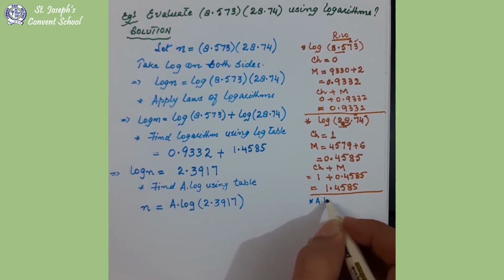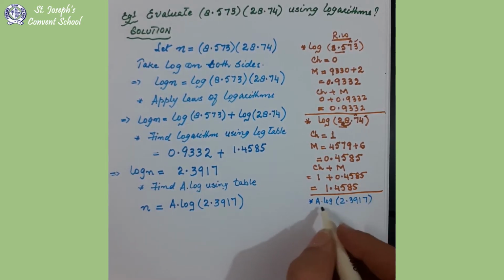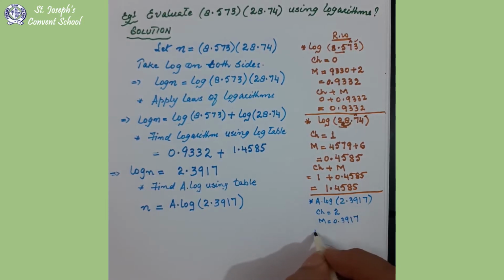Anti-log of 2.3917. We know that in anti-log, the characteristic is the number before the decimal. Whatever number is written, it is known as the characteristic. The remaining number after the decimal is the mantissa, and we check the mantissa in the anti-log table.